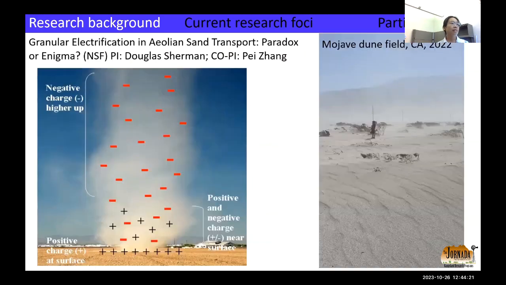And then the second project I want to present is about granular electrification during Aeolian sand transport. It's still going on. The goal of this project is to figure out the effect of granular electrification during a sandstorm or dust storm. We want to see whether the effect will cause more sediment transport or less sediment transport.